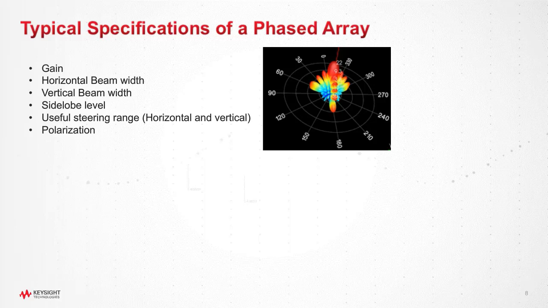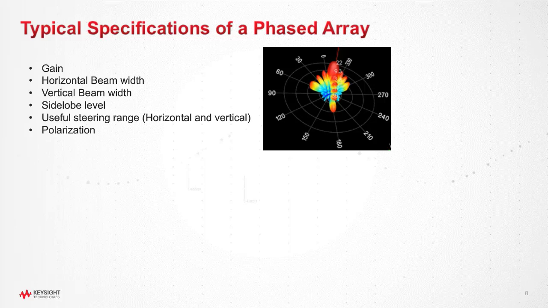As can be seen here, we can understand the far field pattern in terms of parameters like gain, bandwidth, both horizontal and vertical side lobe levels, and useful steering range. As we steer the beam away from the boresight, the gain drops, what we call scan loss. So at some point, the scan loss is so much that we cannot use the steering anymore.